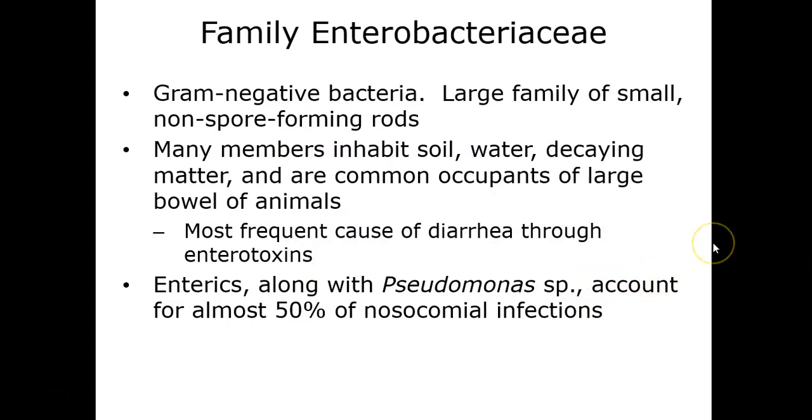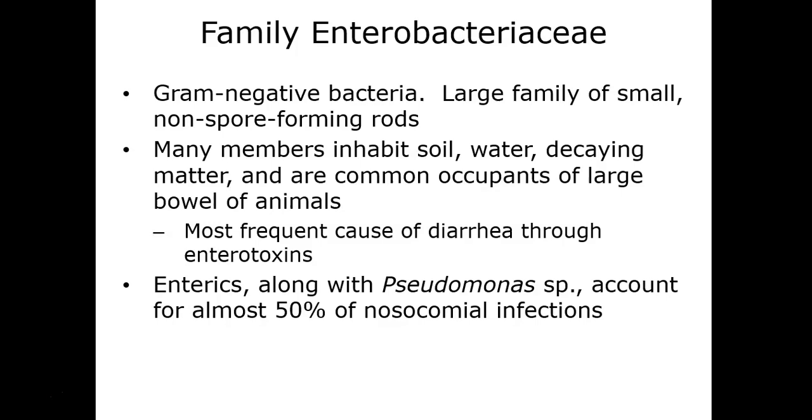Now we're going to move into and start talking about the Enterobacteriaceae, which are a large family of organisms that include things like E. coli and Salmonella. These are gram negative, and they are also non-spore forming rods. And we're going to see that a lot of these are found in places like the soil, water, and also decaying matter.